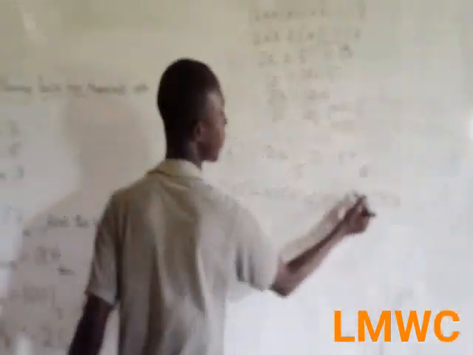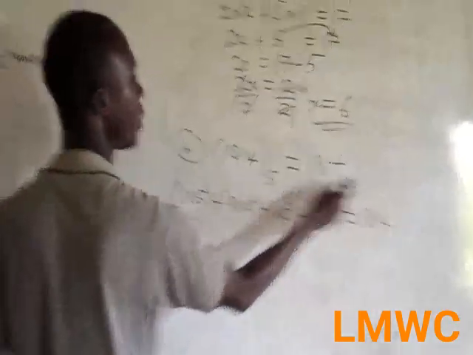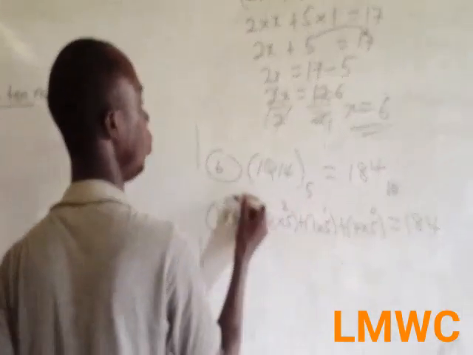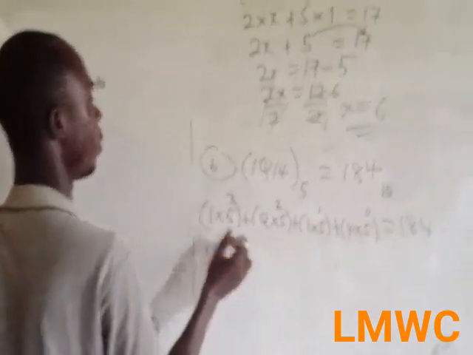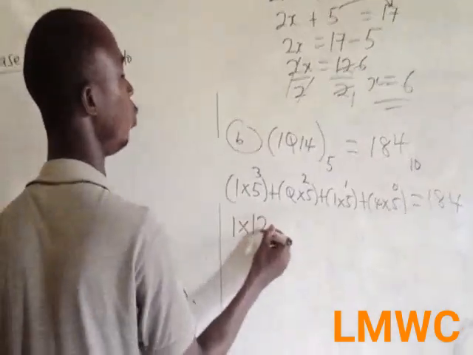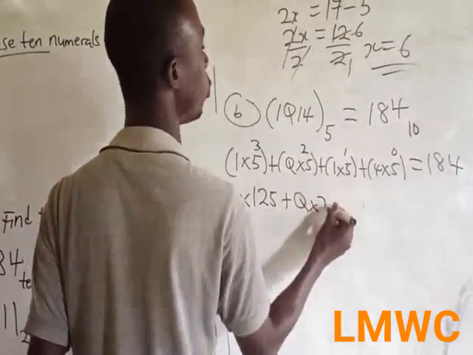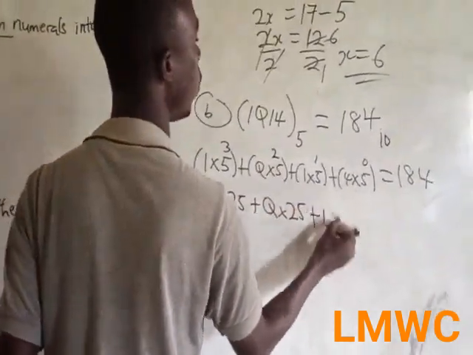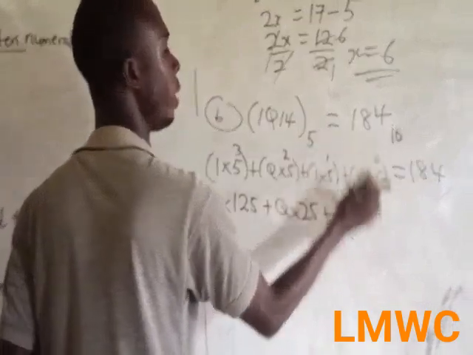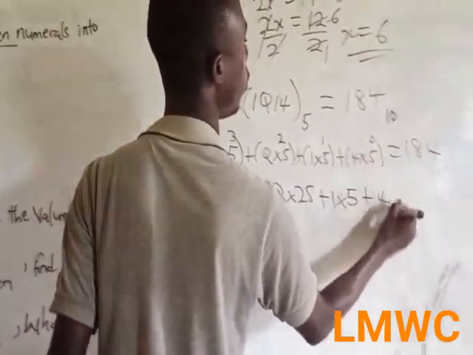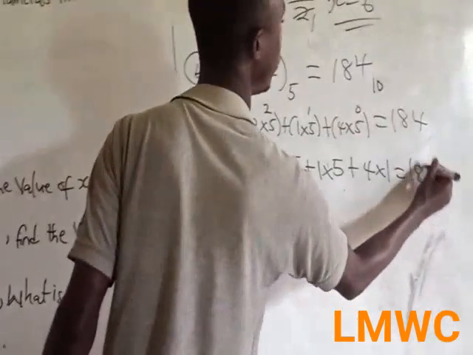So you name your powers, we start from 0, 1, 2, 3. So 1 times 5 raised to the power 3 is 125, plus q times 5 raised to the power 2 is 25, plus 1 times 5 raised to the power 1 is 5, plus 4 times 1 equal to 184.